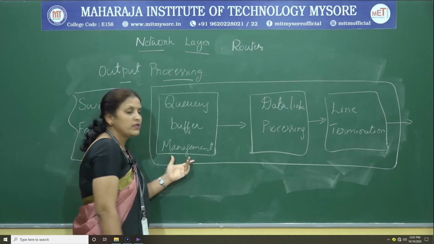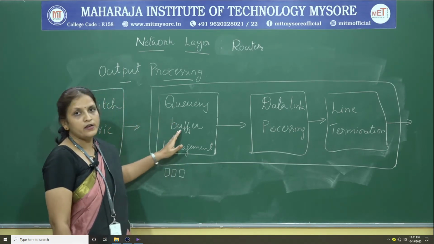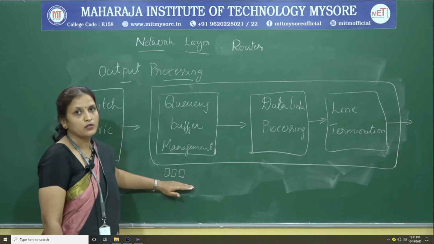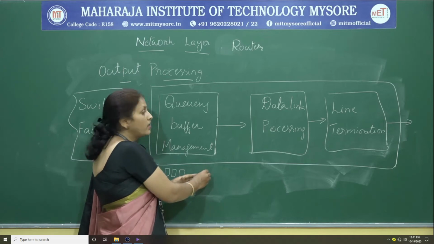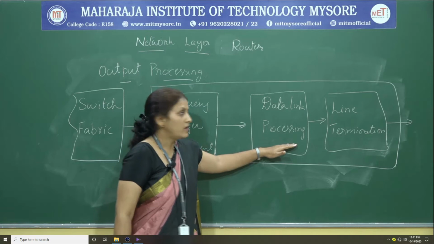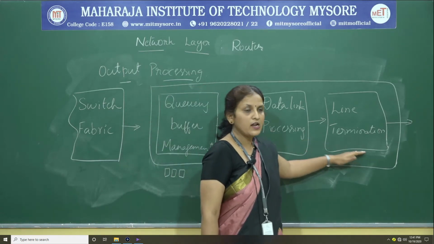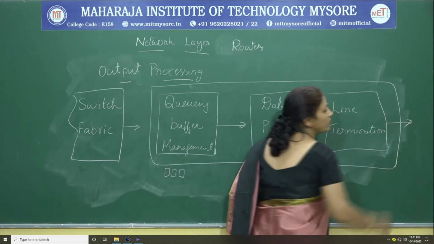So, the very first thing the output port does is select a packet among the queued packets, and after selecting it, it dequeues that packet and performs all the data link layer and physical layer functionality that has to be performed, and then it will be pushed out to the network.